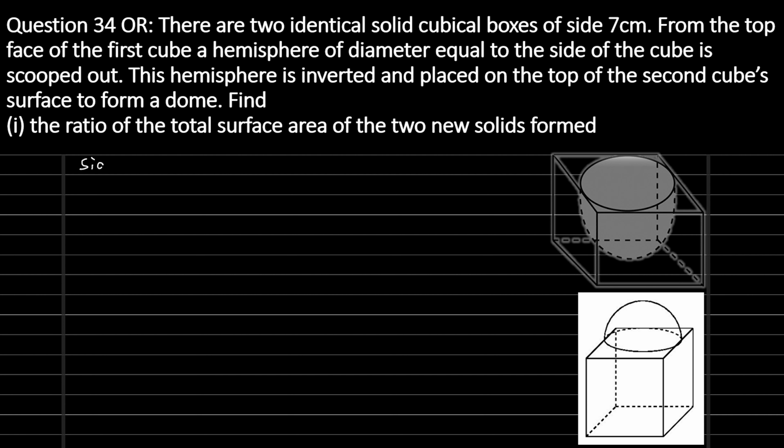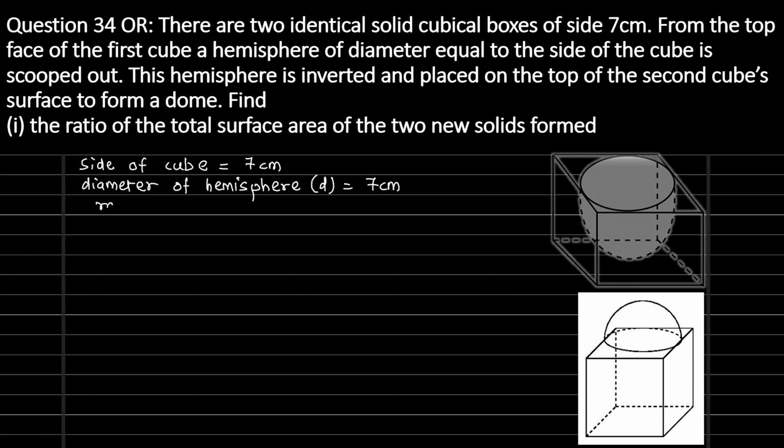So the side of the cube is given to us as 7 cm. And since the diameter of the hemisphere is equal to the side of the cube, we can write the diameter of the hemisphere D is equal to 7 cm.